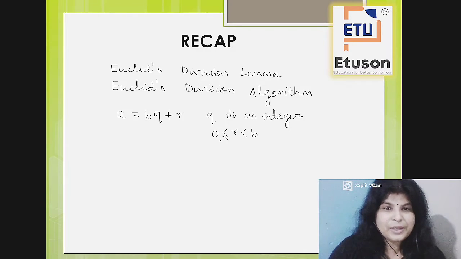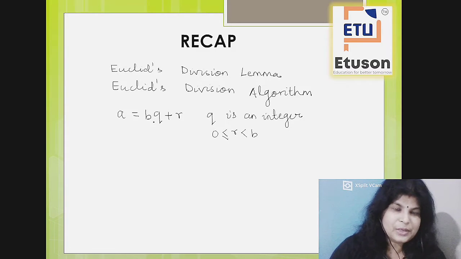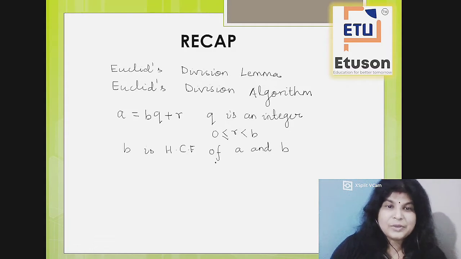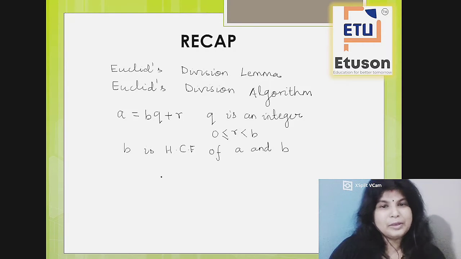Okay, so when this remainder becomes 0, that time b is the HCF of a and b. Correct. So by using Euclid's division algorithm, we can find out the HCF of numbers.